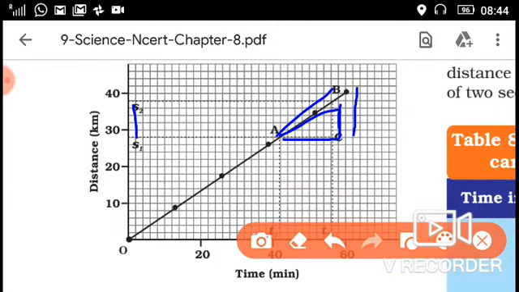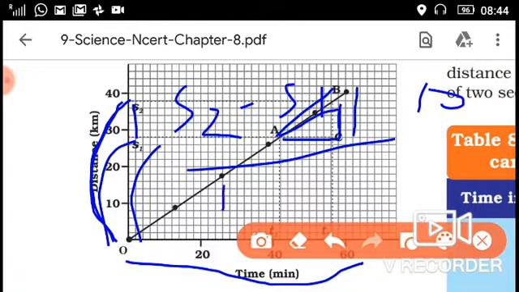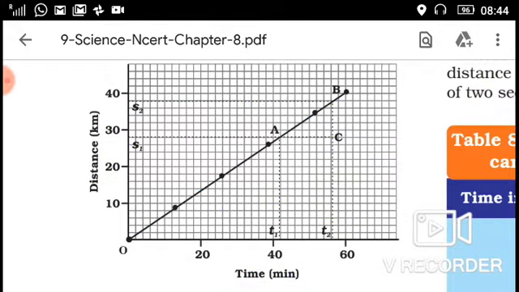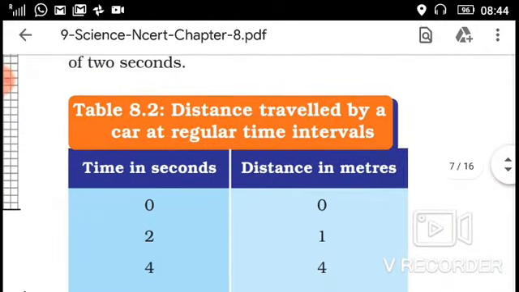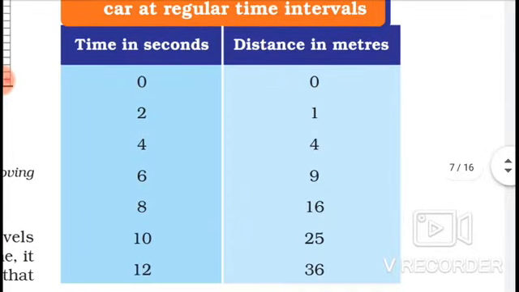It means the total distance is S2 minus S1, which is 40 minus 30, again we will get 10. And the time is T2 minus T1. That is how we find the speed of an object. Okay, this is completed.